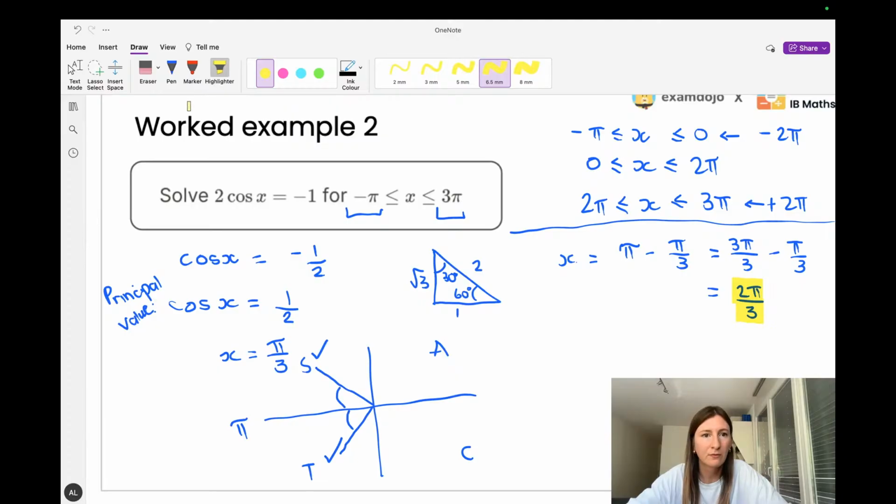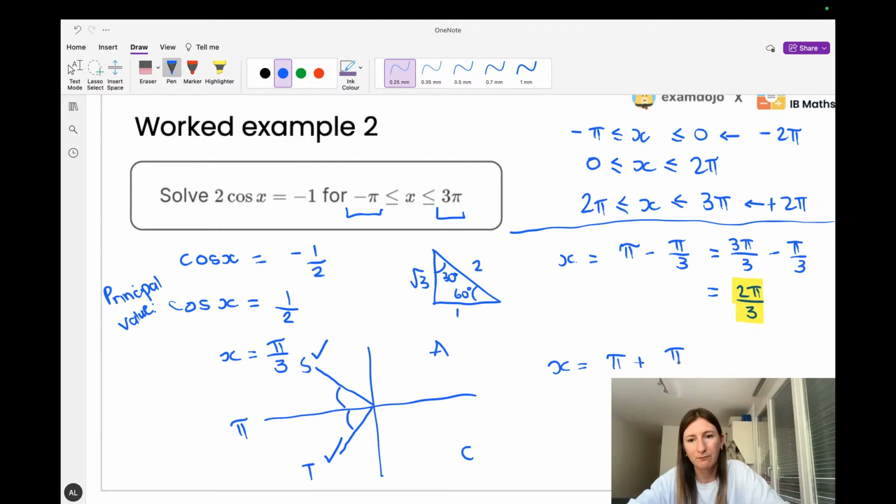And now this one: we have pi plus pi over 3. And again, denominator, so we have 4 pi over 3. All right, there's another one.